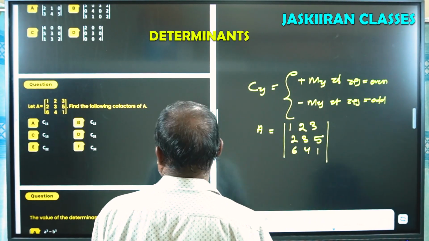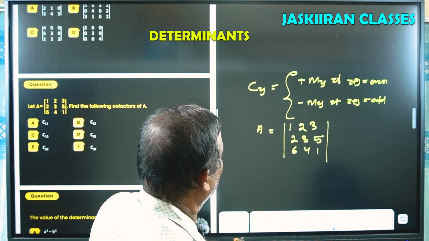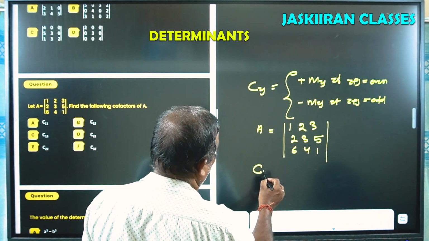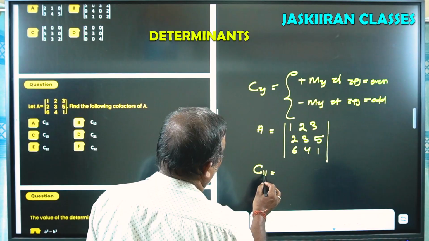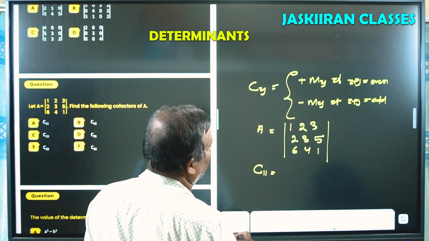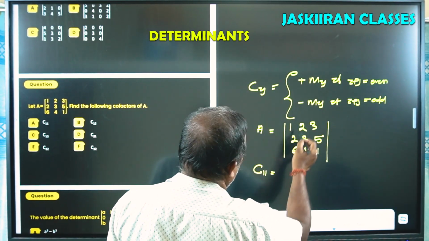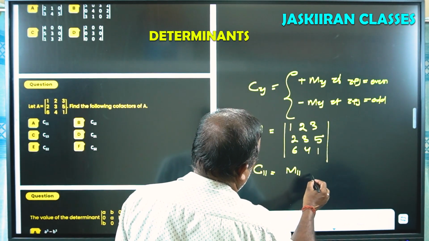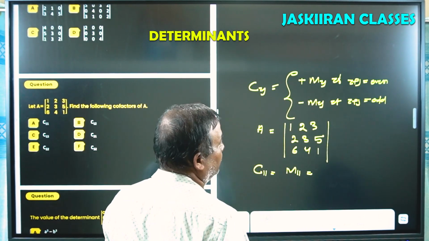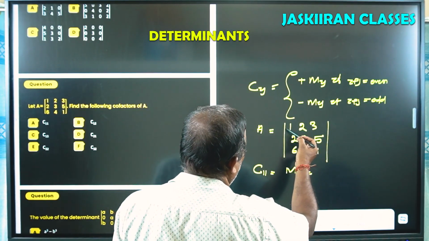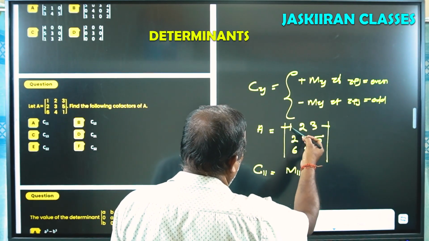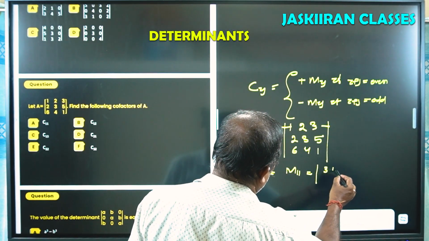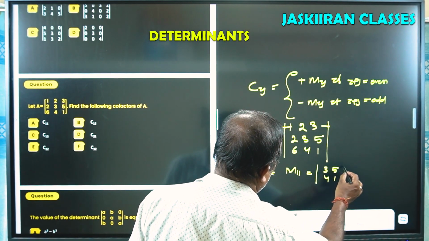Here we have to find the cofactor C11. For C11, i plus j is 1 plus 1, which is 2. That is even. Using the formula, M11 is the minor of M11, found by deleting the ith row and jth column. That gives 3, 8, 4, 5.